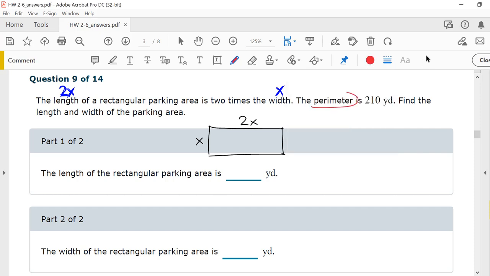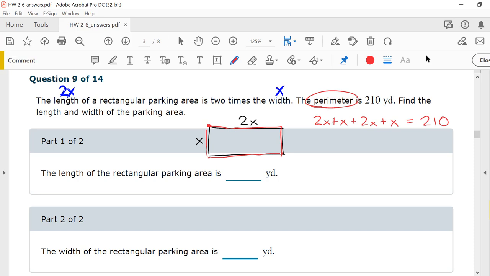Perimeter means the distance around. So if I start here and start walking around, I would go 2x yards, then x yards, so plus x, then another 2x yards, and finally x more yards. That would equal 210 yards.